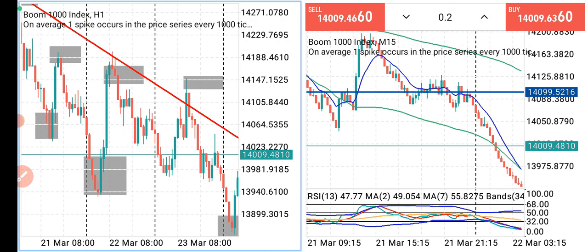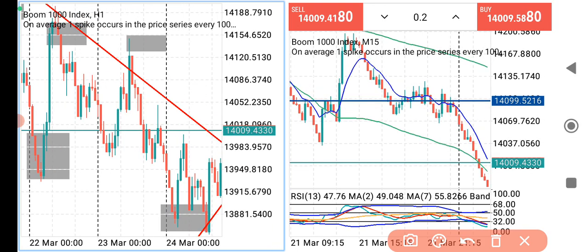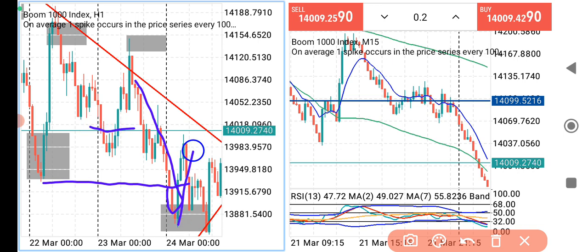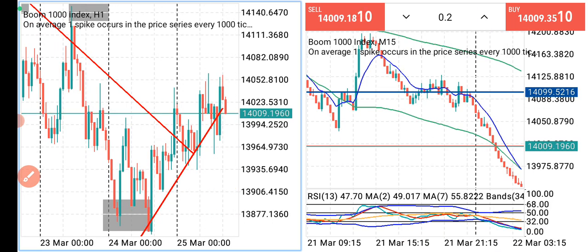So look at this one too. You will see that here price now retraces and takes this low. Do you get? Then after the 1 hour candle that closes here, what follows next is the spike. So the next thing that follows after that is that it begins to spike.